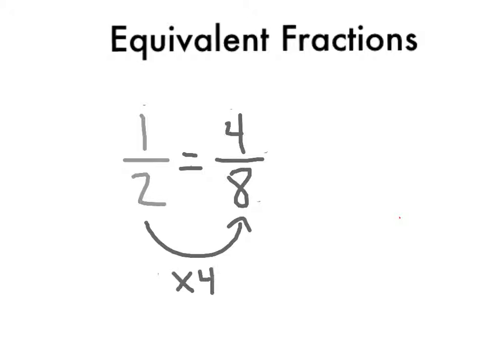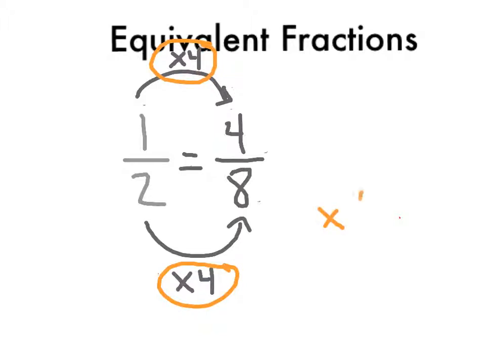Hey, sure is. And then how did we get from 1 to 4? 1 times 4 is 4. Now looky there. So you may notice a pattern. We multiplied by 4 on the bottom. We multiplied by 4 on the top. Or we multiplied by 4 over 4. Interesting. Let's do another one.